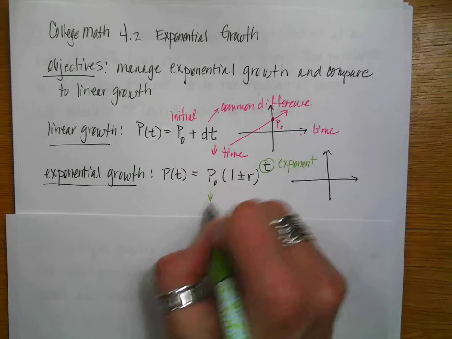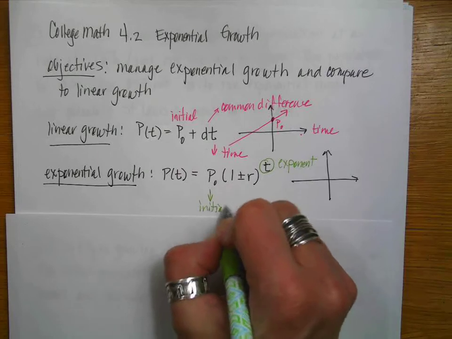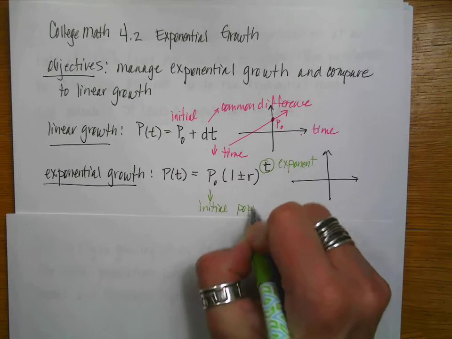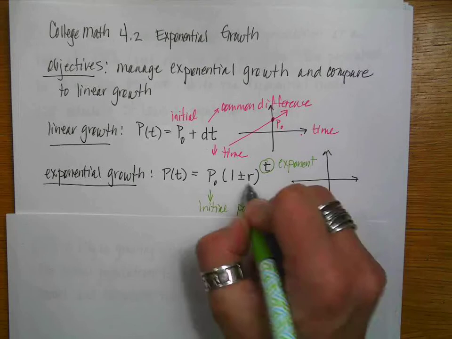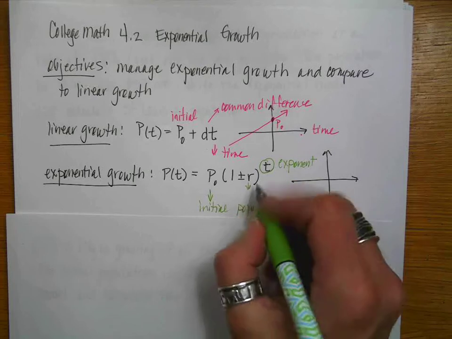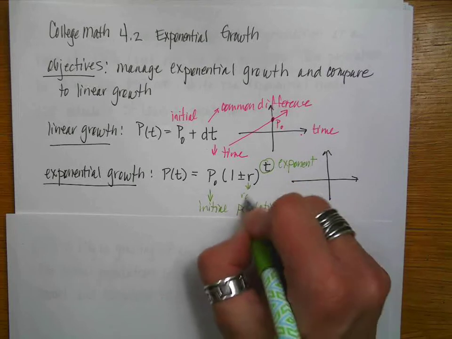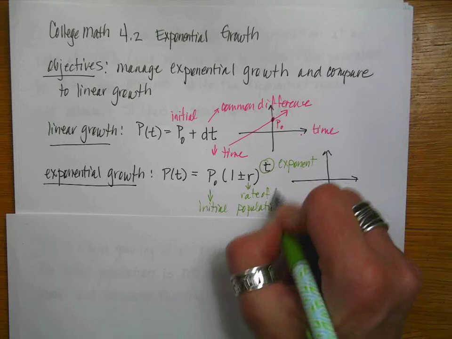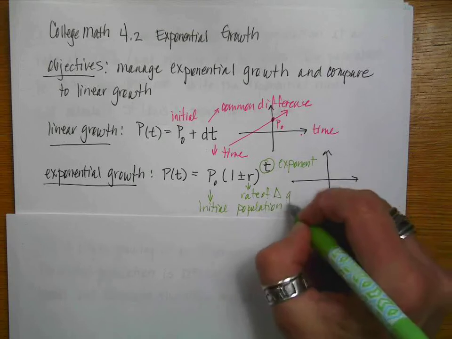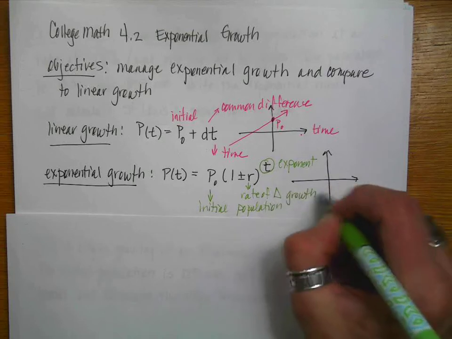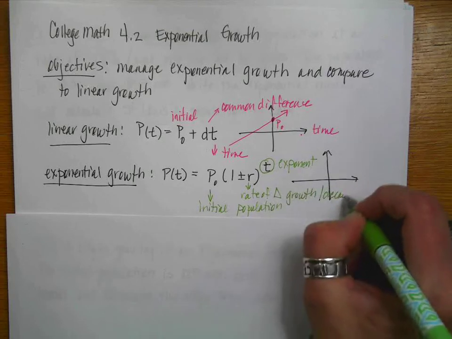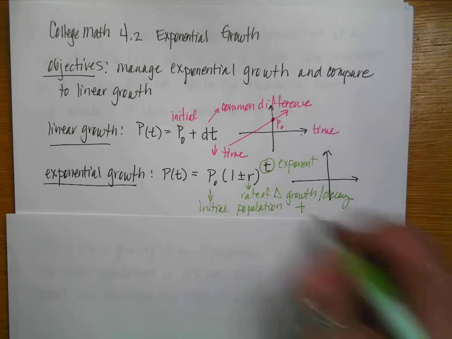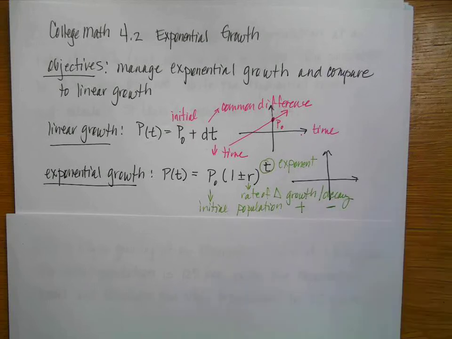P sub 0 is still the initial population. R is going to be the rate of change, and it could be growth or decay. If it's positive, it's going to be growth, and if it's negative, it's going to be decay.